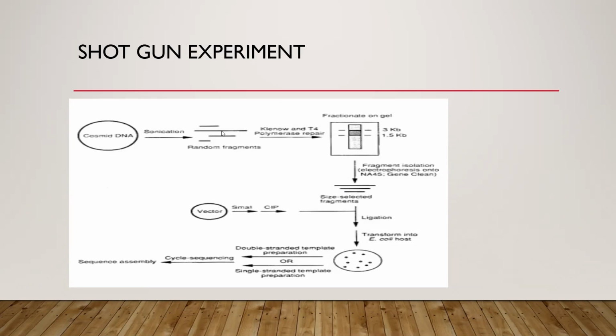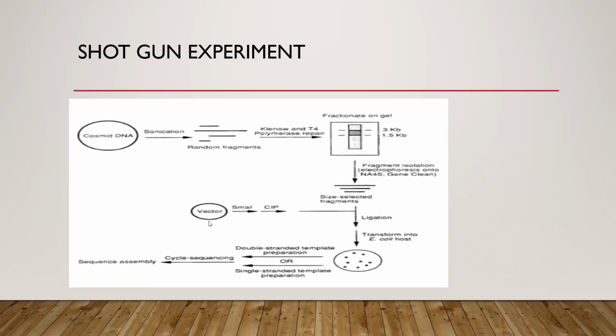Next level, we take the M13 vector. Okay, this is the M13 vector. We cut the SmaI site and treat it with CIP. With the help of restriction enzymes, we cut the SmaI DNA fragments.